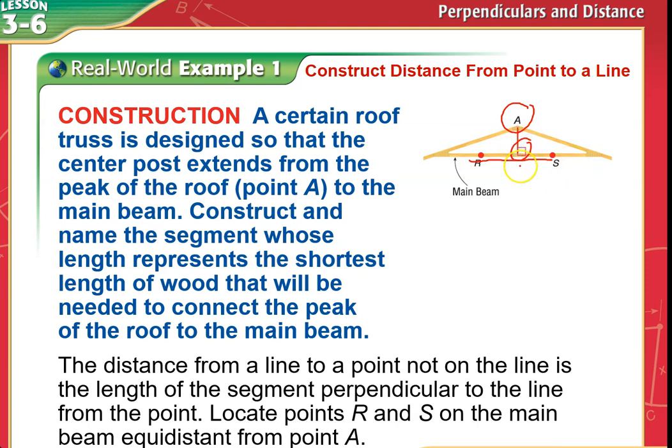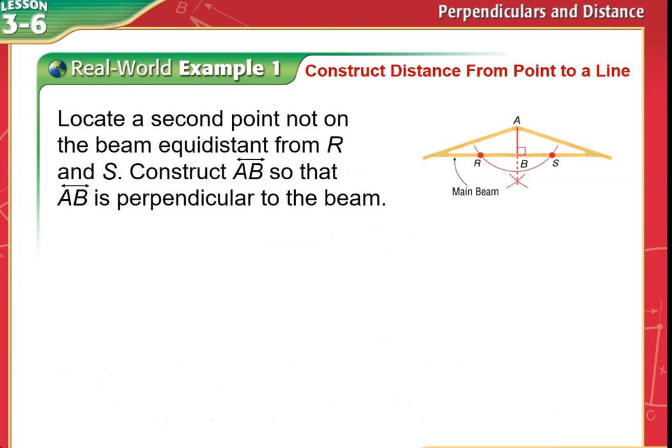We're going to locate points R and S on the main beam equidistant from point A. So we use a compass, and we can find this point and this point, making them equidistant.